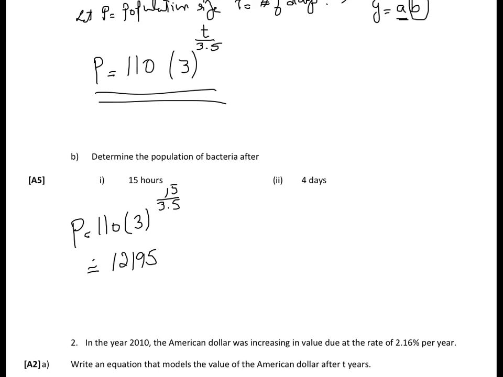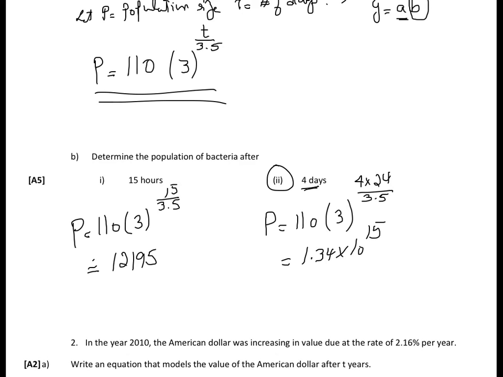So the answer is about 12,195. After 4 days, which is part 2, the population is 110 times 3 exponent, but 4 days is 4 times 24 hours, and again divided by 3.5. This is going to give us a huge number, 1.34 times 10 exponent 15 bacteria.